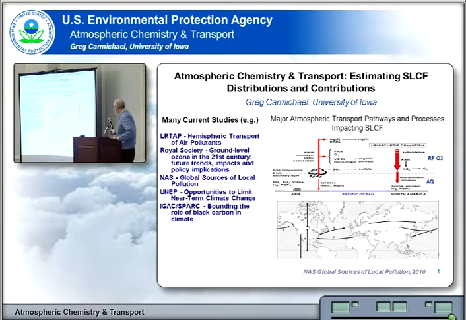So in terms of the major pathways, Drew has talked through his presentation, has illustrated many of these transport pathways very nicely. This diagram comes from the National Academy report that just came out looking at the global sources of local pollution. So again, we can characterize the large-scale transport processes.